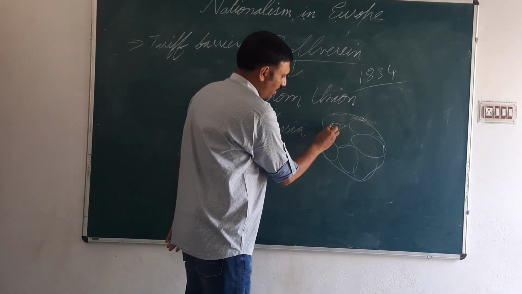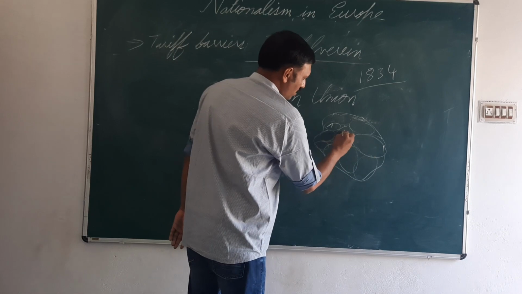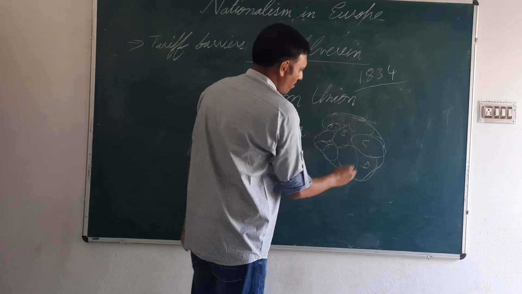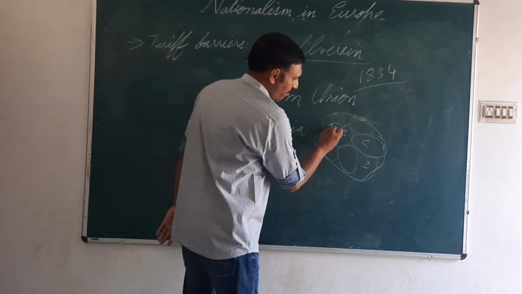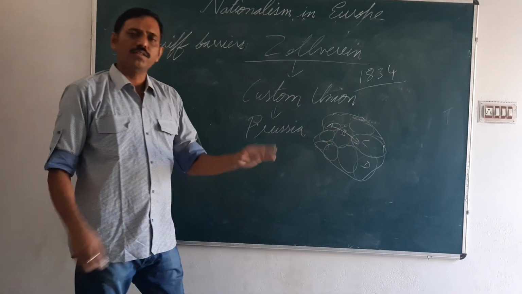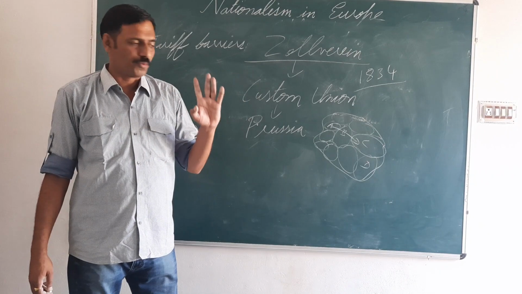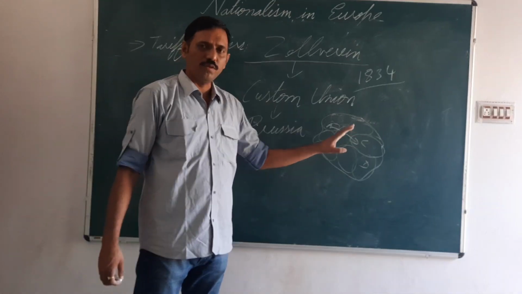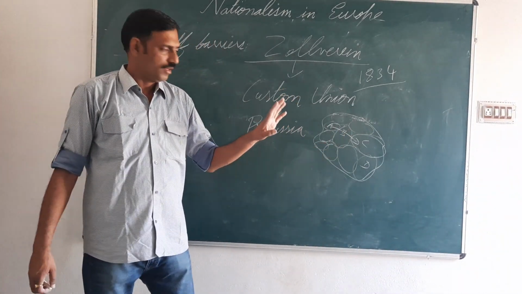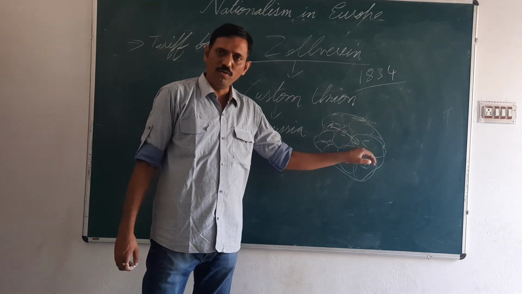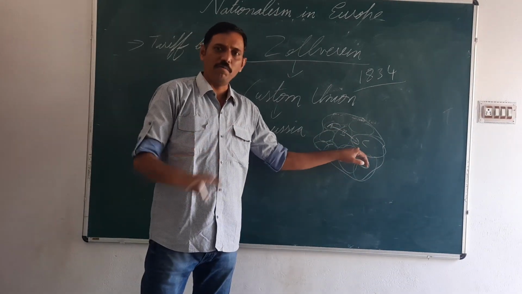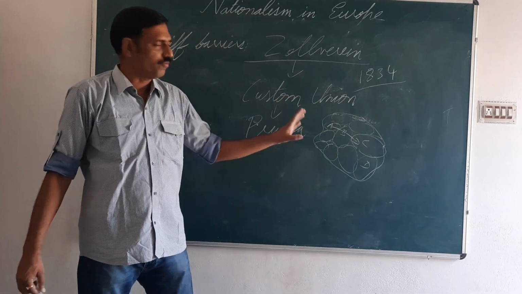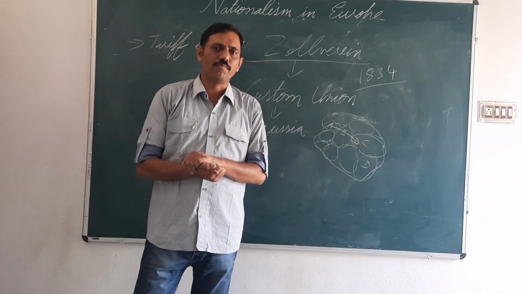Suppose this is state A, and this is B, C, D. Now if this state wants to sell something in C, they can sell without any import or export tax. So internal customs duty was removed. From here to here, if they want to sell, they can easily sell. A customs department will not be needed. Somewhat this kind of concept they developed.